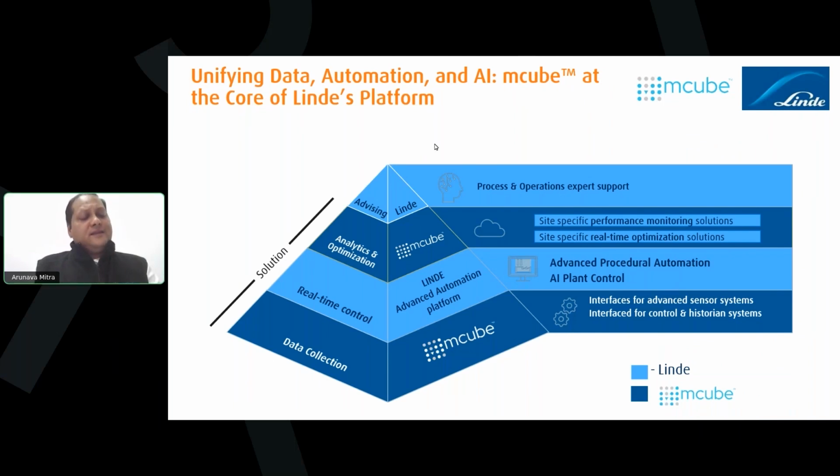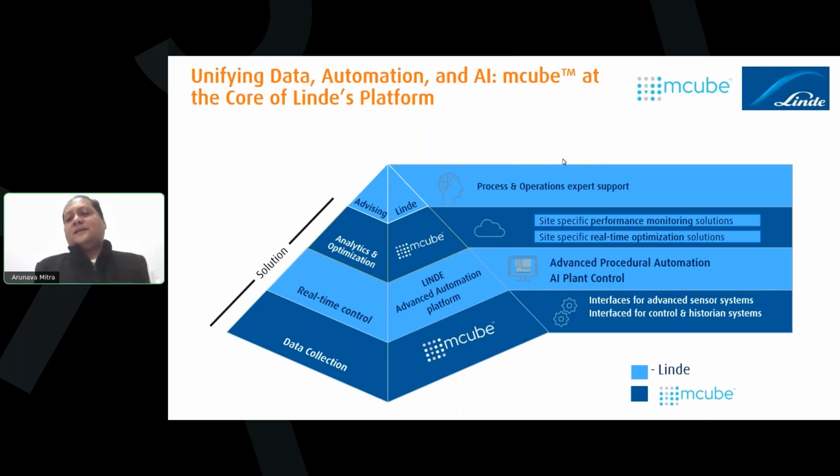Yeah, so in this slide, I'm going to talk about this collaboration, which you are hearing today between mCube and the Linde's plant operations expertise. So this collaboration essentially is a handshake between the best of both worlds.